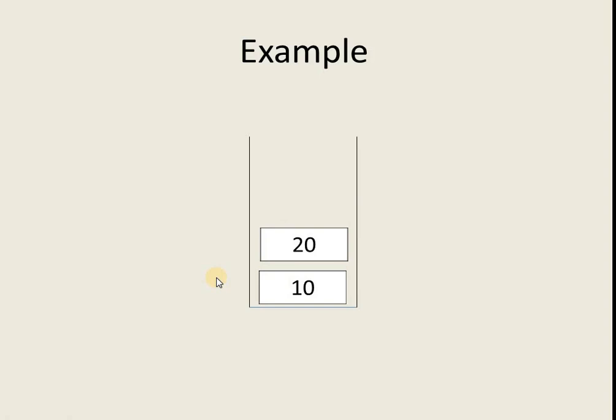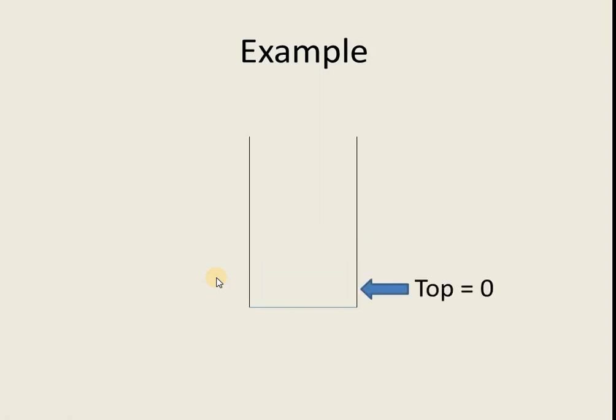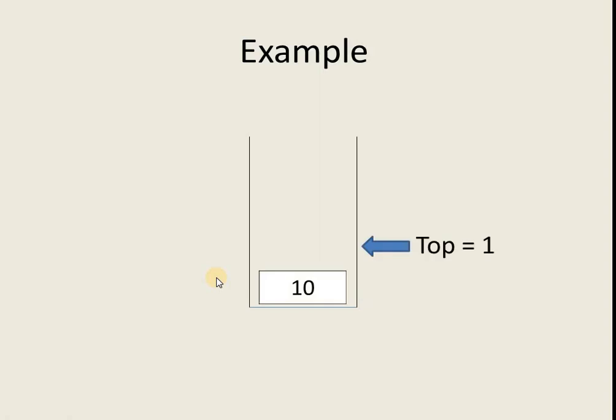So now as 30 is deleted, the top pointer is pointing to the element 20 and the top pointer value is also decremented by 1. When we delete 20, the top will point to the element 10 and the value of top is also decremented by 1. So it is 0 now.